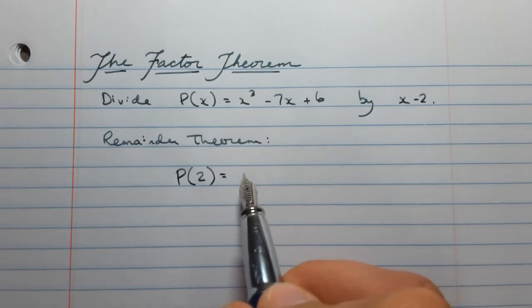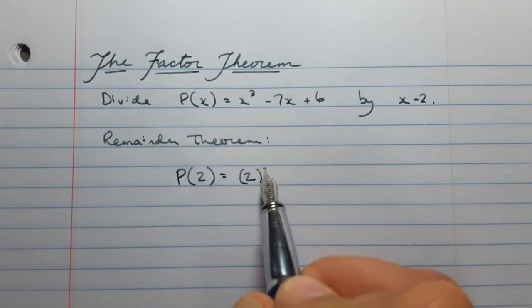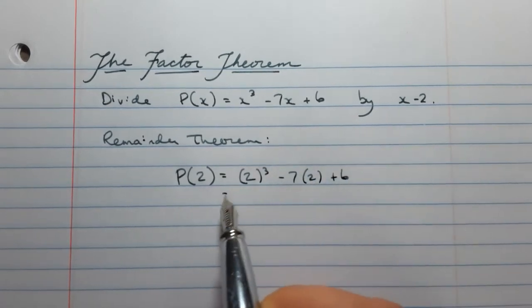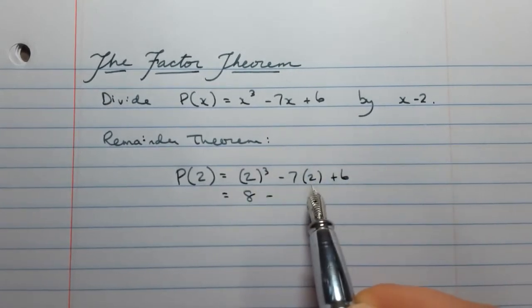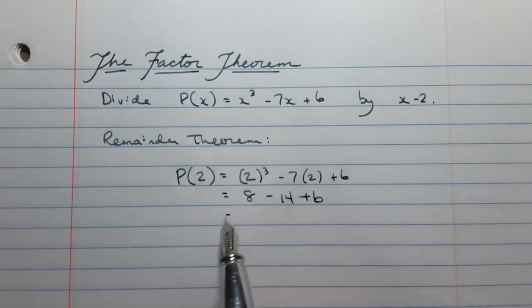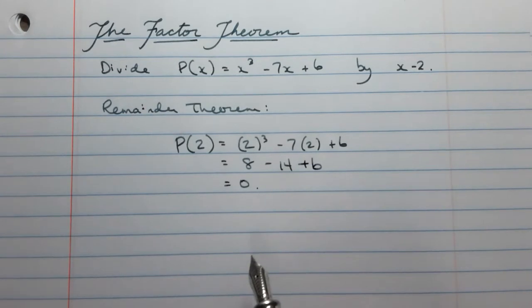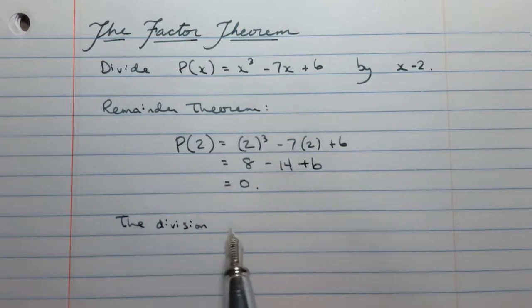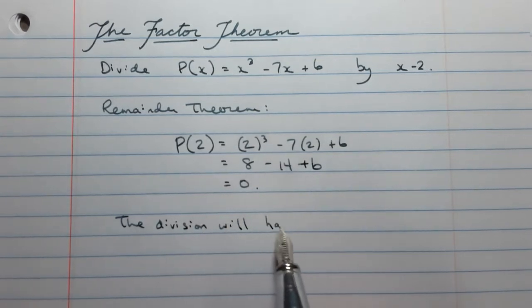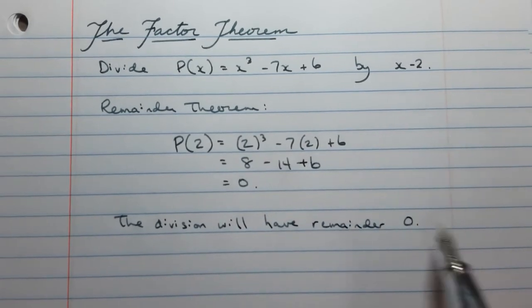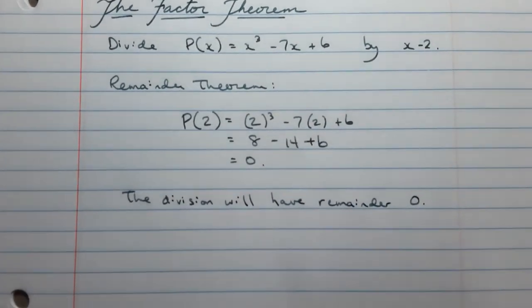So that's going to be 2 cubed minus 7 times 2 plus 6, that's 8 minus 14 plus 6 equals 0. So that means that the division will have a remainder 0. So let's go ahead and divide.